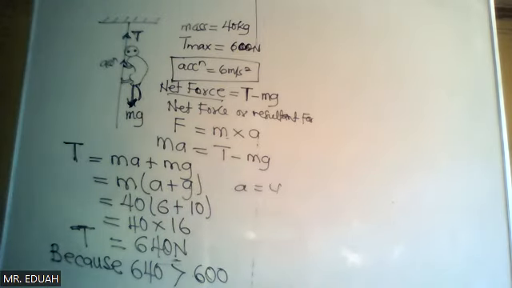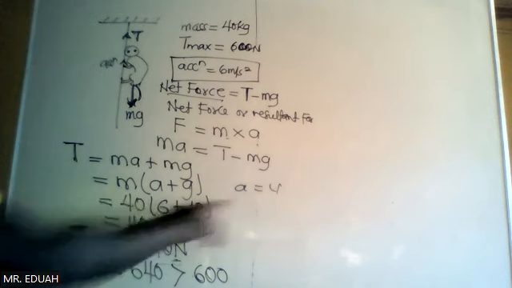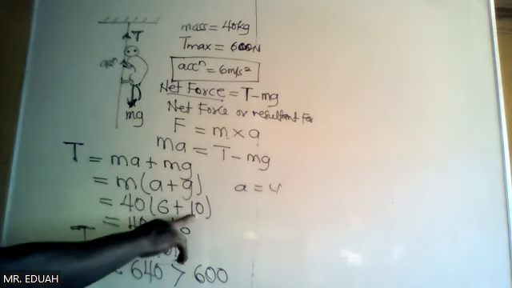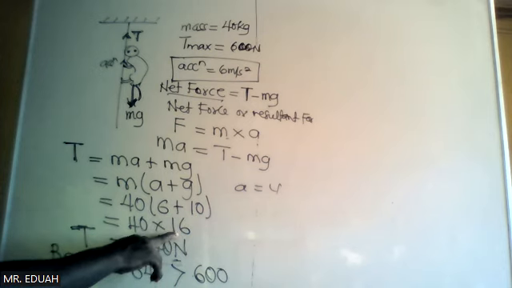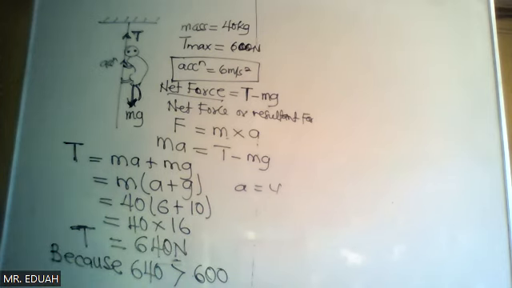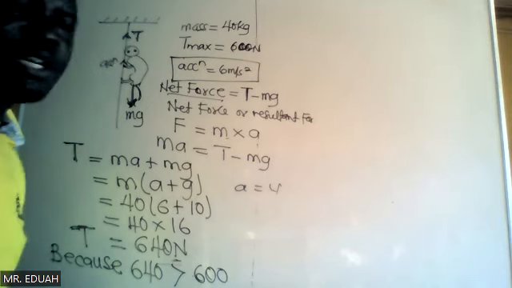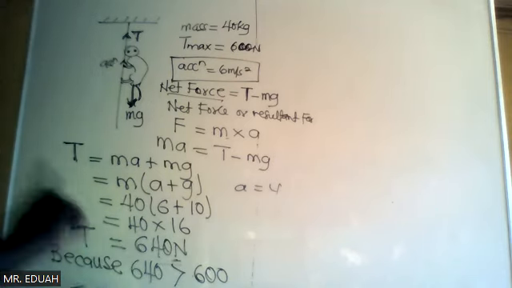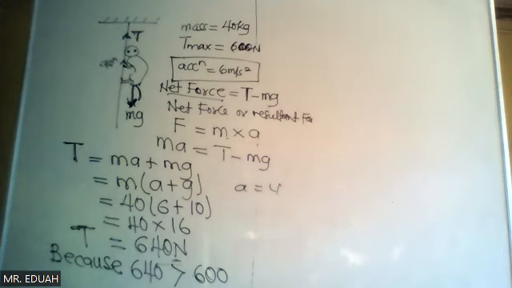Certainly it will reduce the tension, because if this is 4, we have 4 plus 10, which is 14, times 40. What will be 14 times 40, Charlotte? 560. Still greater than the tension, but we could see that when the acceleration is reducing, tension would also reduce.